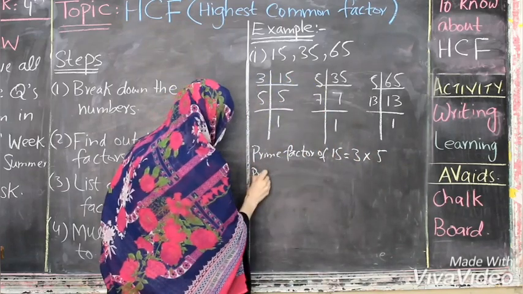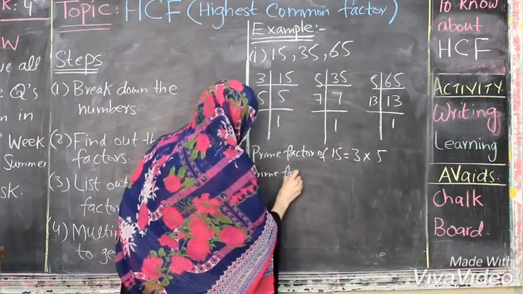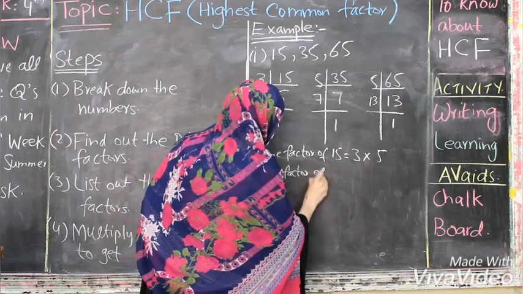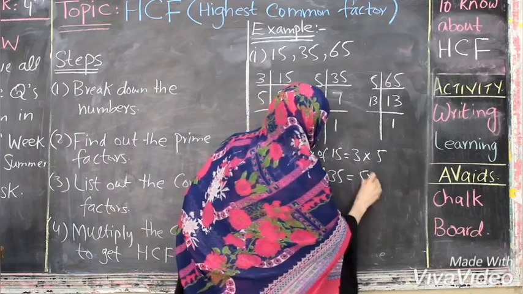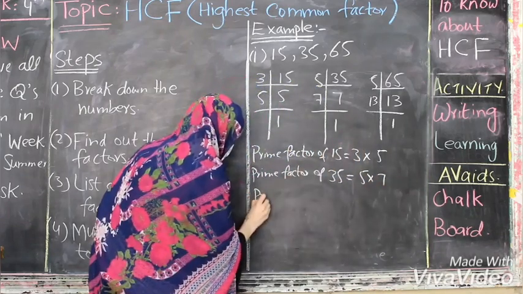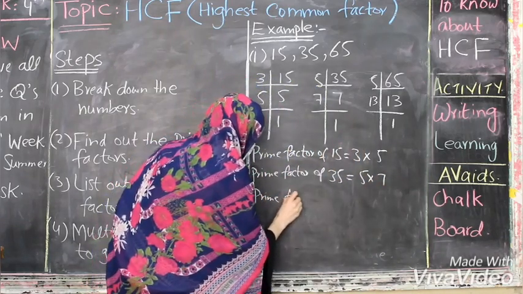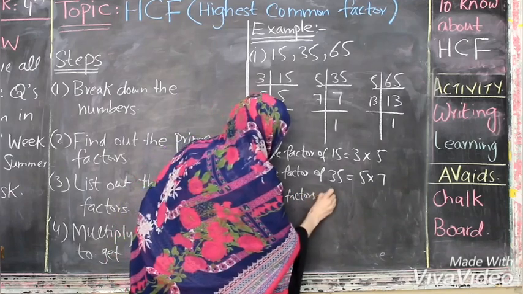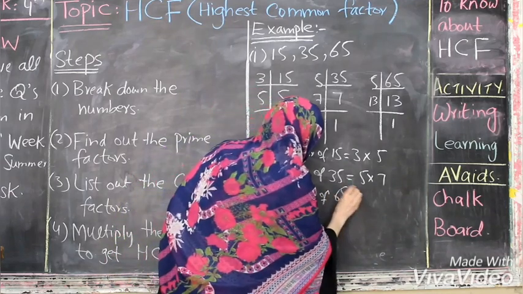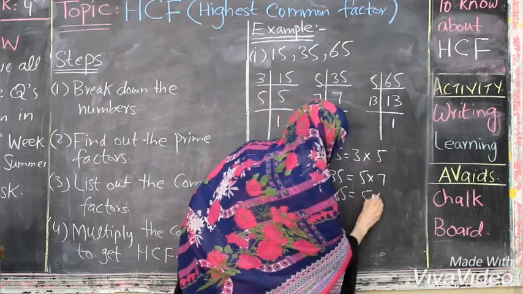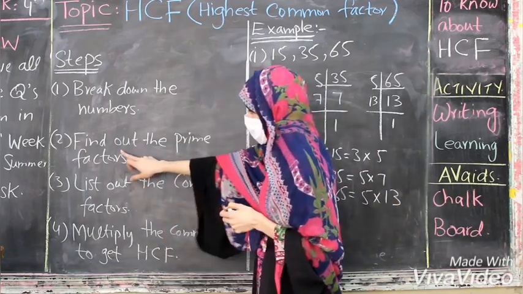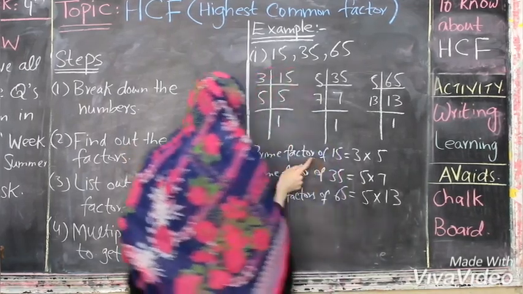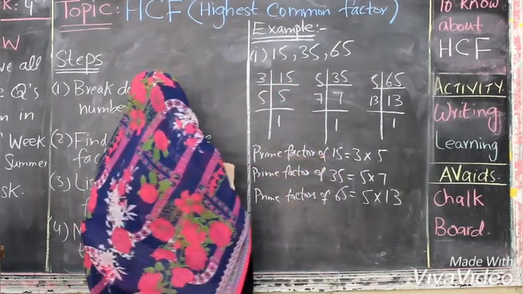Now prime factors of 35, which are 5 and 7. Now prime factors of 65, which are 5 and 13. So you can see the second step, which is find out the prime factors. So you have written the prime factors of each number.